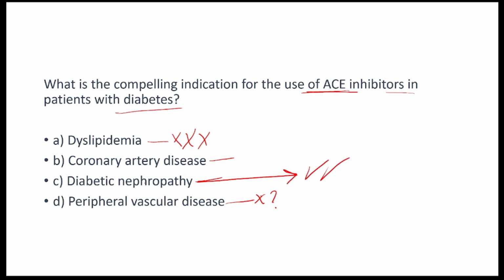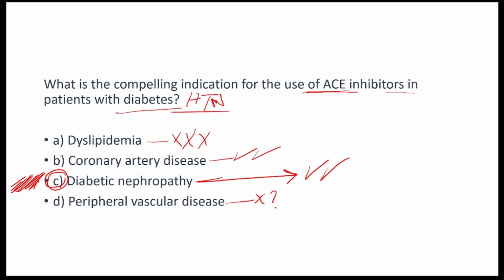The diabetic nephropathy is a compelling indication if the patient suffers from hypertension, for example, and diabetes. This is a medication we use to protect against diabetic nephropathy. Can we use it for coronary artery disease? Yes. So the main correct answer will be this one here.